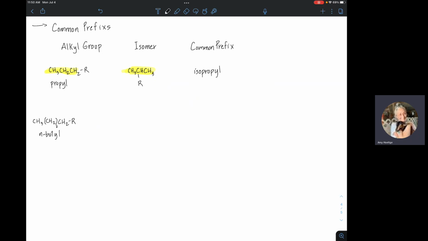What if I moved one of these groups over, swapping out a hydrogen for the methyl group? So that has the same number of carbons, it has the same molecular formula. We have arranged these differently. Instead of a straight chain now, we have the isobutyl group.